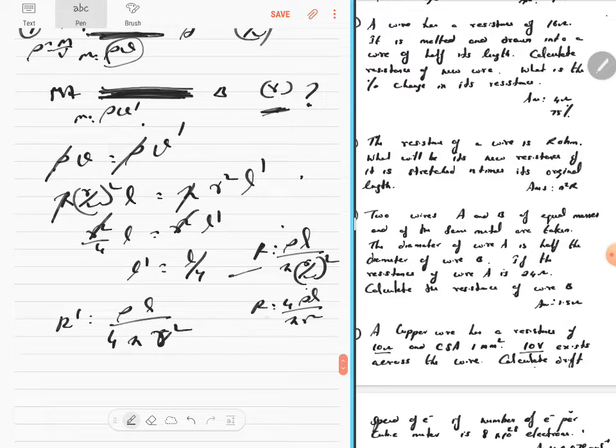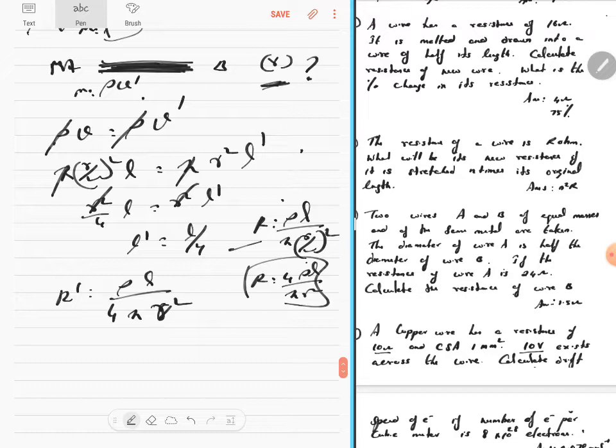This is the original resistance, and what happens here is 1 by 4th rho L by pi. There is a 4 also missing. The original resistance has got a 4. So then it has to be 16 times, right? Only when it is 16 times the original resistance. R dash is 16 times the original resistance.